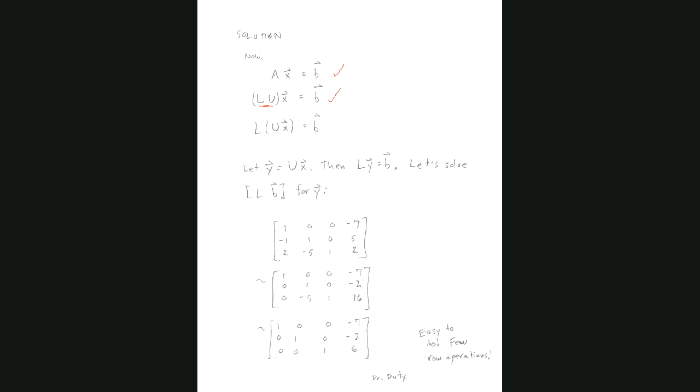We remember that matrix multiplication is associative. So L times U times X equals B. What I'm going to do is define U times X to be a vector.